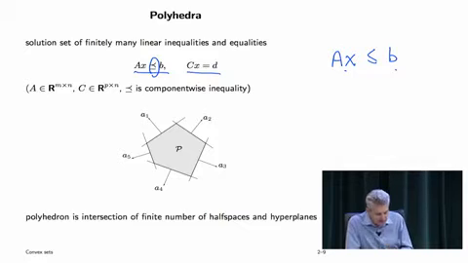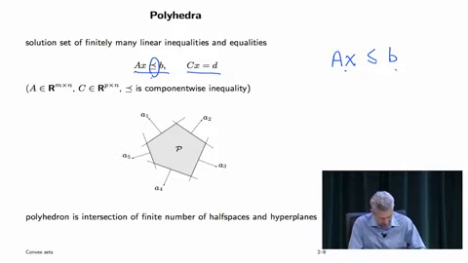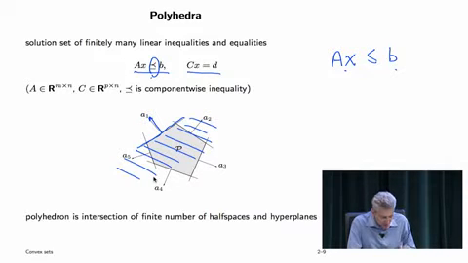And of course, what that means is each row of Ax less than or equal to b defines a single hyperplane, and so it would look like this. Here's a1. Here's the boundary of it, and so the first row of this is all points over here. It's that half space.